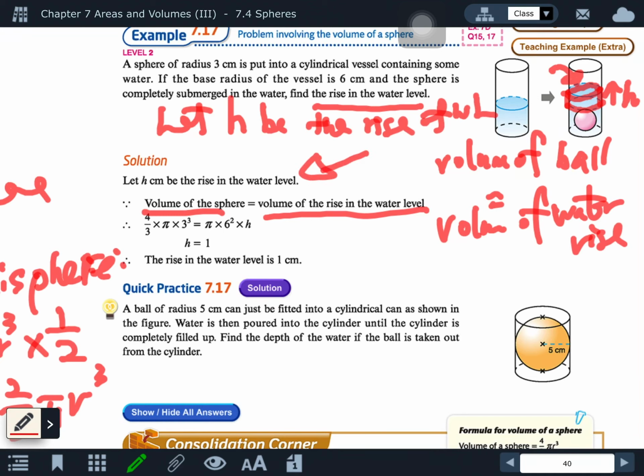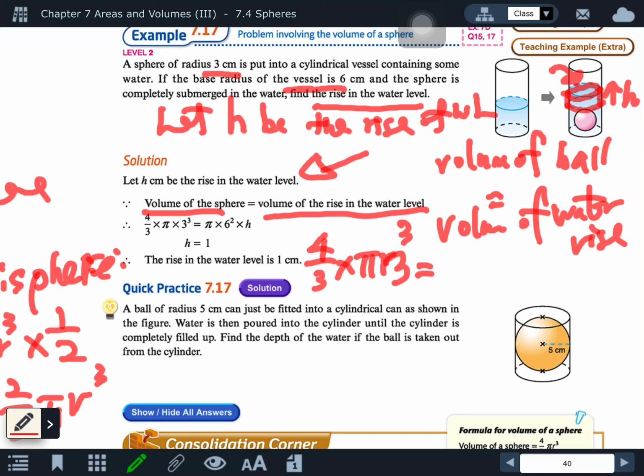You will see the sentence right here. Then we just use the formula directly. So the volume of a sphere is 4/3 times pi r cubed, where r is 3, so 3 cubed, equals the raised water as a cylinder.